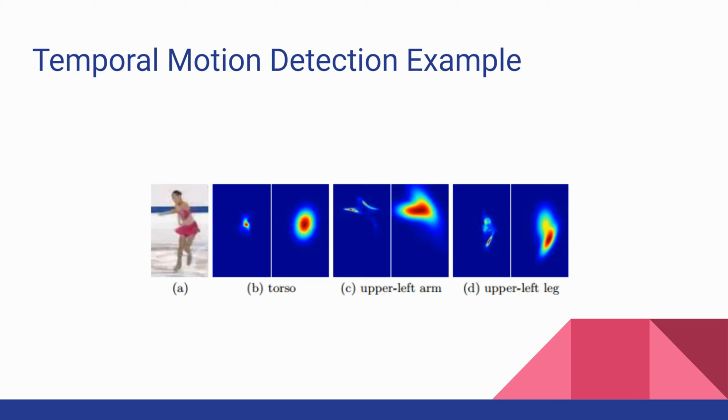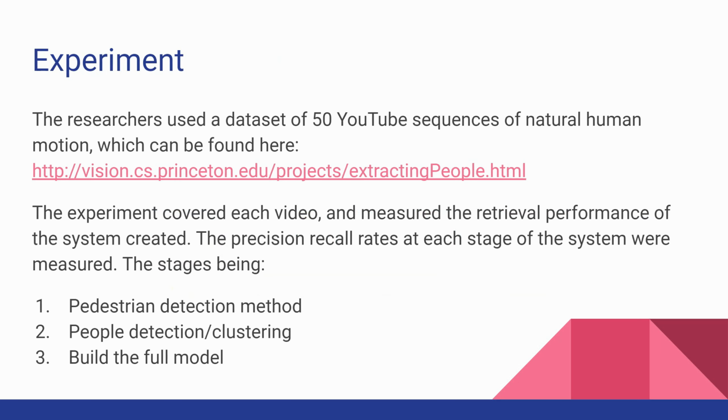For the experiment, the researchers used a data set of 50 YouTube sequences of natural human motion, and the link is there for the video examples. The experiment covered each video and measured the retrieval performance of the system created. The precision recall rates at each stage of the system were measured, the stages being pedestrian detection, people detection and clustering, and then building the model with the probability and the density function.